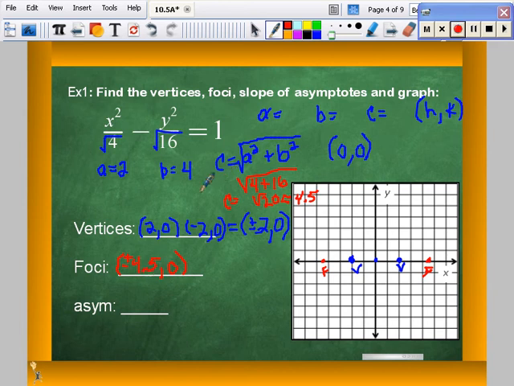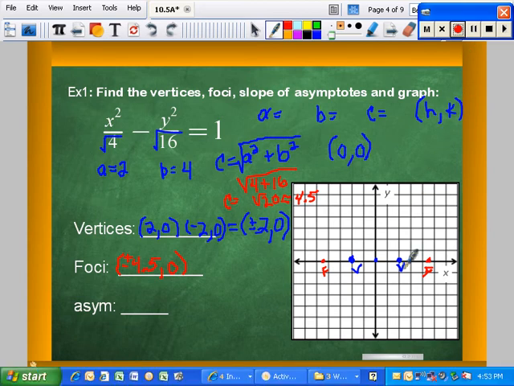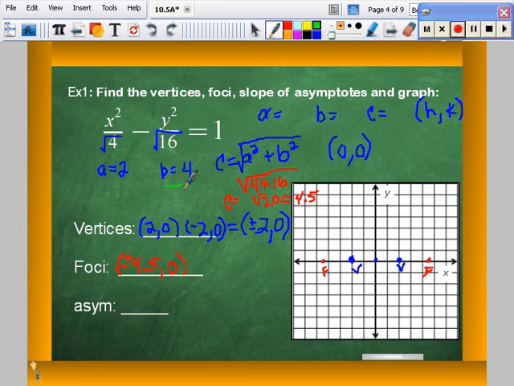Now, to get to the asymptote, what we're going to have to do, I'm going to create a box, and that's going to help me to draw some asymptotes and the parabola. So what I'm going to do is I'm going to look at this B. And I'm going to take the B, and since it's under the Y, that means I'm going to go up or down. And so I'm going to go up 4, 1, 2, 3, 4.